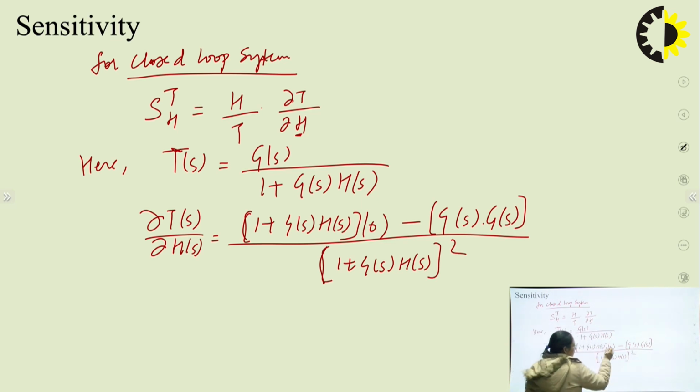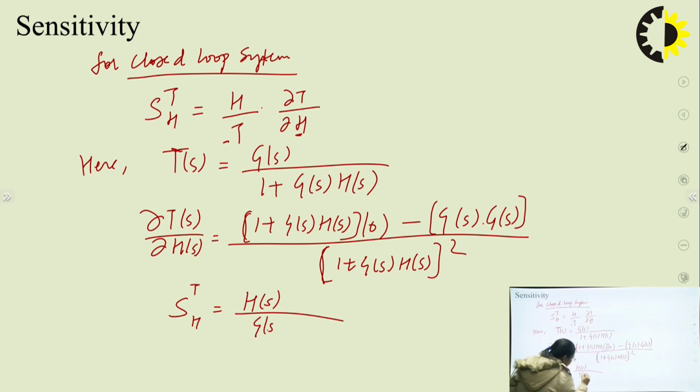Okay, so this term gets 0, G(s) whole square came upon this. This value I have to put here, and also I'll put the value of transfer function. So S^T_H will be equal to H upon H(s) upon G(s) upon 1 plus G(s)H(s).